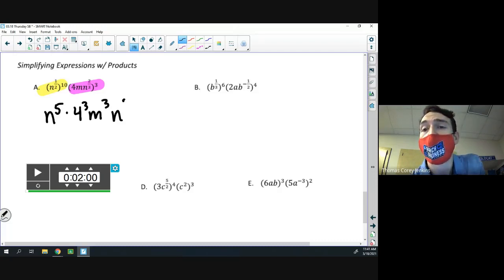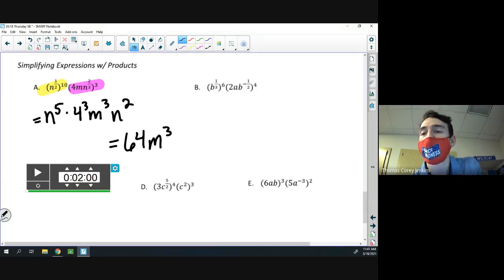Okay, that'd be 2. And then I just clean everything up. Okay, so usually we write the coefficient first. So 4 to the 3rd power, you would use your calculator for. That'd be 64. M cubed would just stay M cubed.